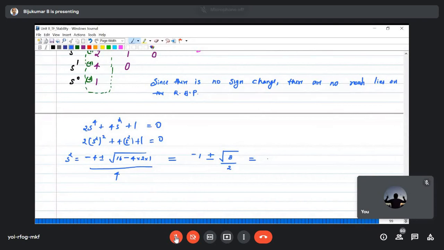Tell me the 2 roots. Anyway, there is no complex term here, only real values. The two values are minus 1 plus or minus 0.707.